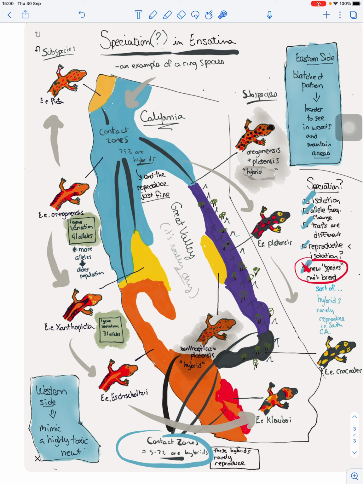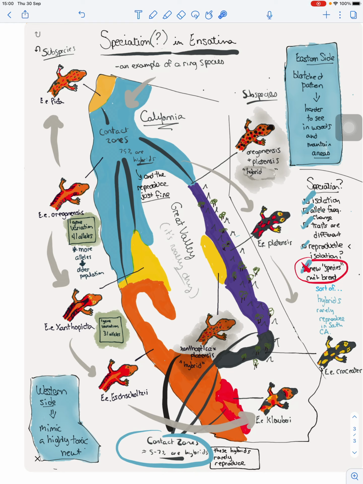So are these a new species? Sort of, maybe, not 100% sure. They can rarely reproduce, so that's leaning more towards Klauberi being a new species. The genetics shows that these are quite separate from the genetics up here, so maybe.